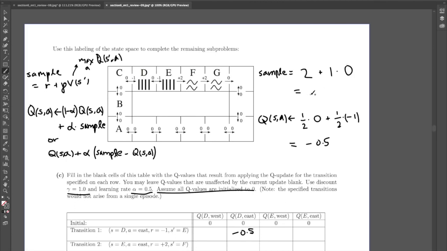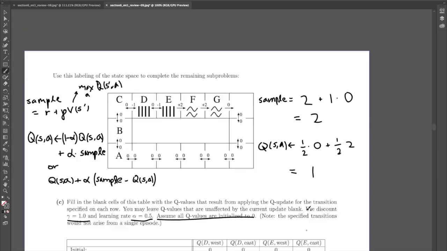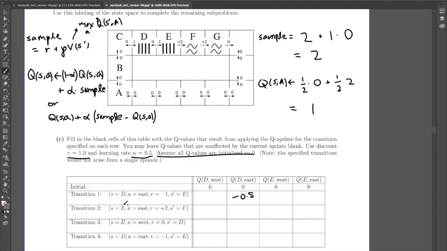So this thing is still 0. The sample value is 2. The Q update is half times the current value, again still 0, plus half times the sample value, which in this case is 2, and the final answer here is going to be 1. So what's the update? E comma east gets updated to 1.